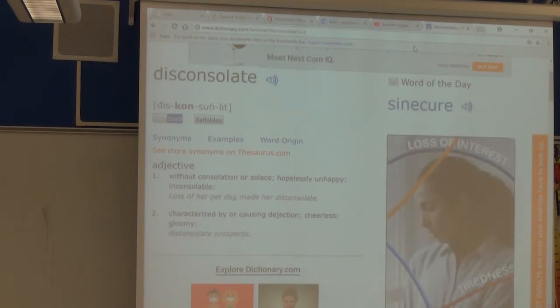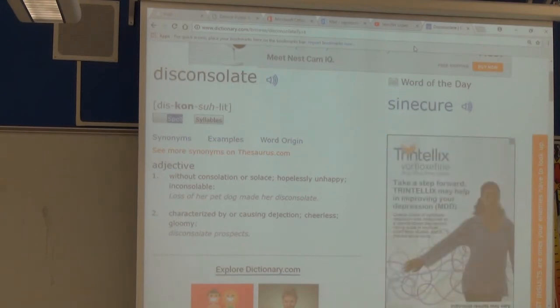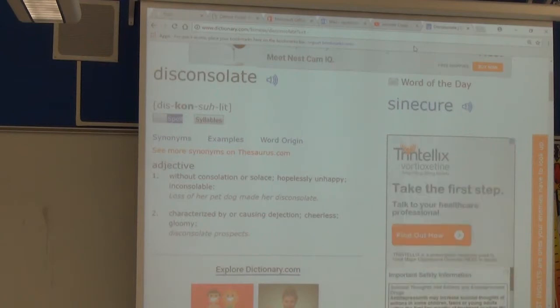So if we are in an actual dictionary and we cannot obviously press that icon, how can we tell how to pronounce the word? What did we say yesterday?